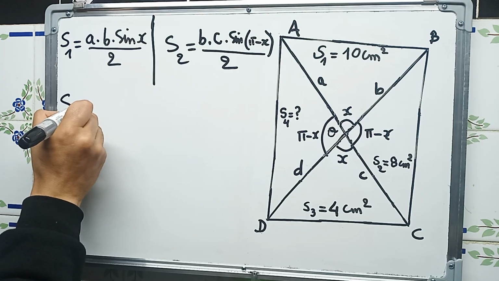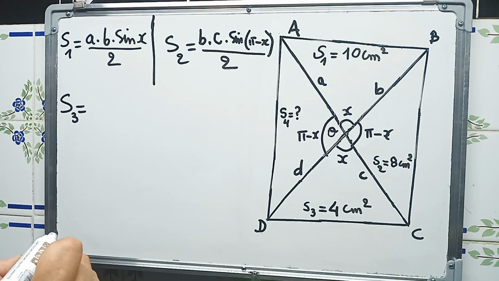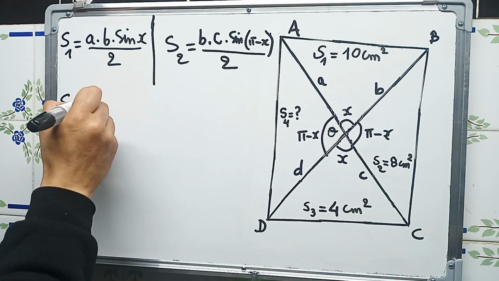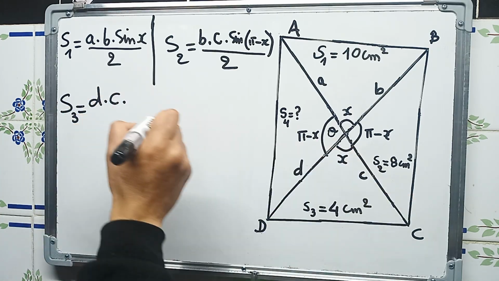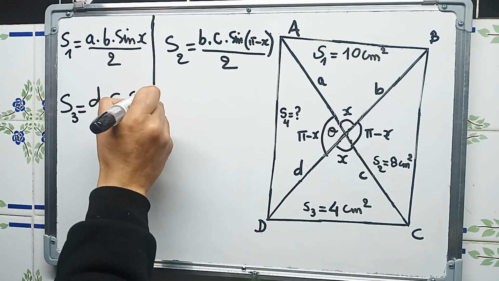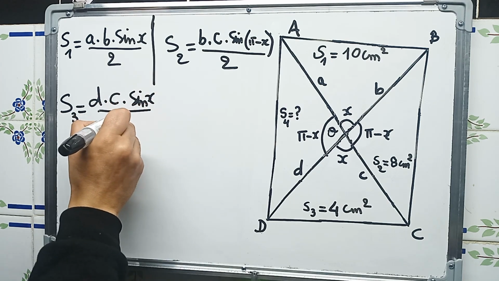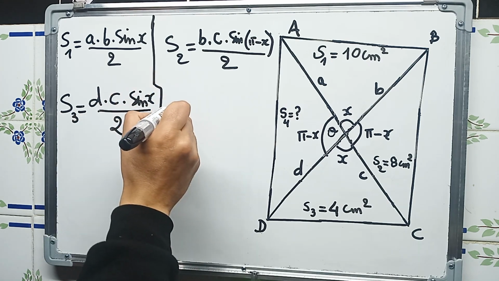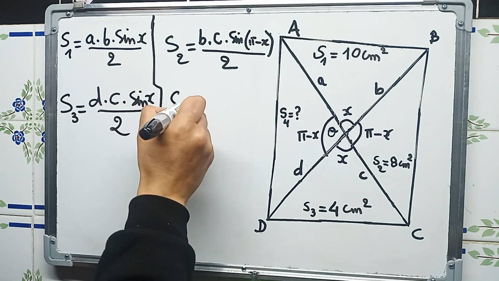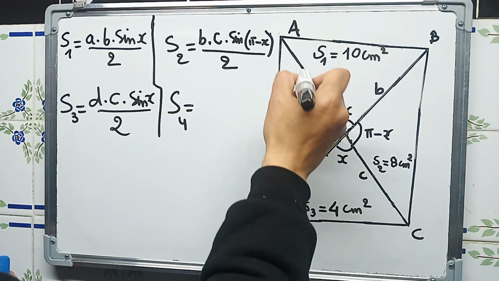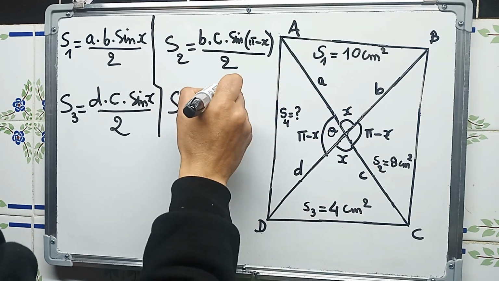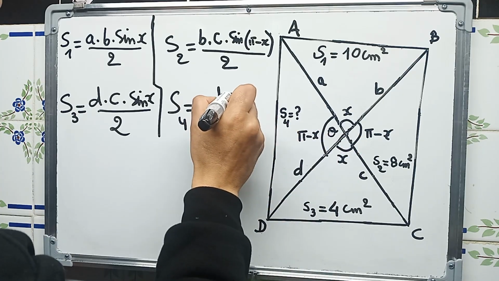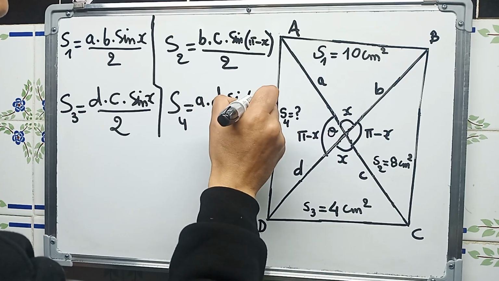So S3 is equal to D C sine of X over 2, and finally S4 is equal to E D sine of pi minus X over 2.